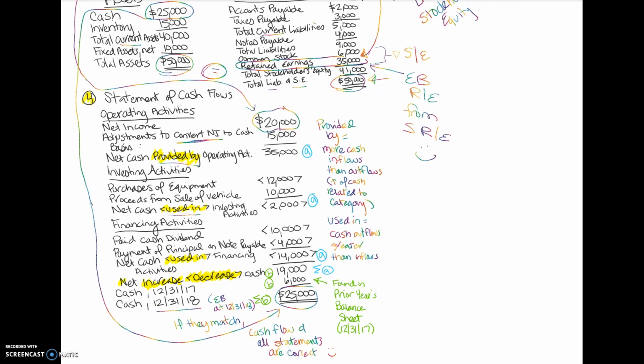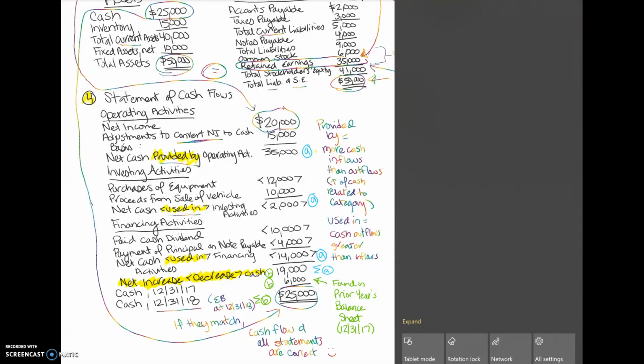To calculate the next calculation, net increase or decrease in cash, what we're going to do is add up or net out the three amounts: the net cash provided by operating activities, net cash used in investing activities, net cash used in financing activities.